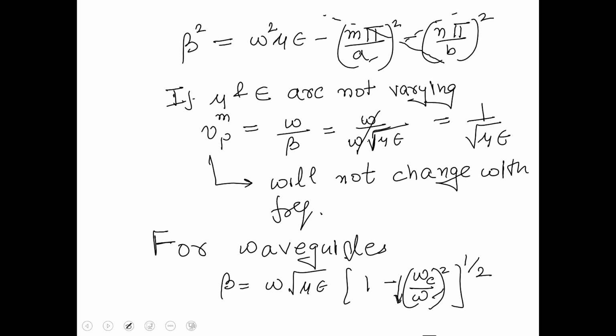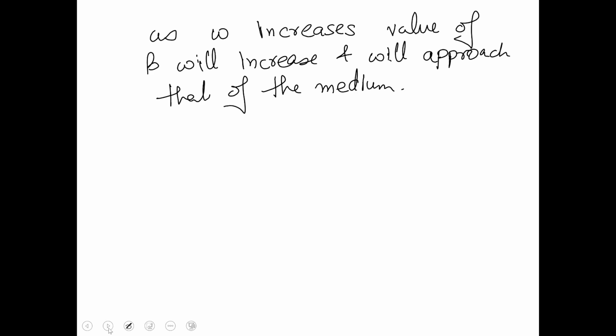So now you see that beta is varying with frequency, and if I calculate Vp or Vg, these will vary with frequency too.